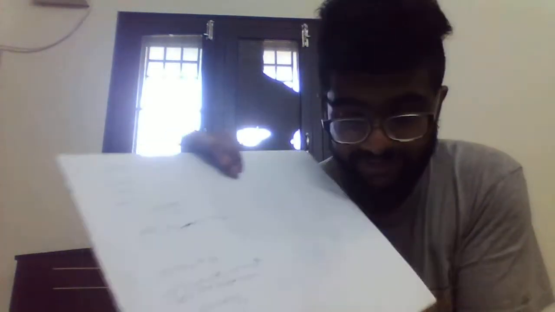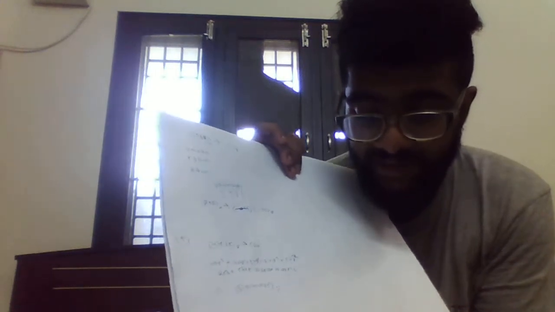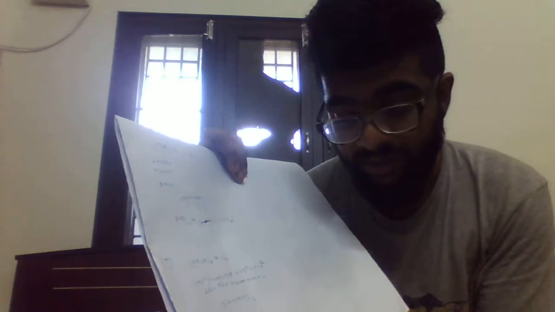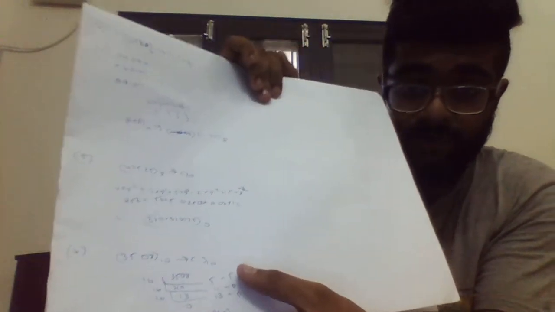The sixth question is to convert 3508 in decimal form into hexadecimal form. Now basically over here what we have to do is we have to take the number 3508 and divide it by 16, and then the remainders that are formed you take from down to up.